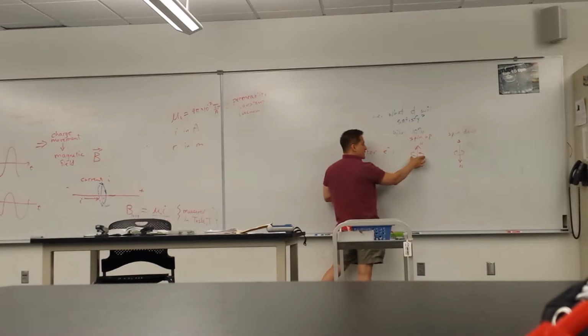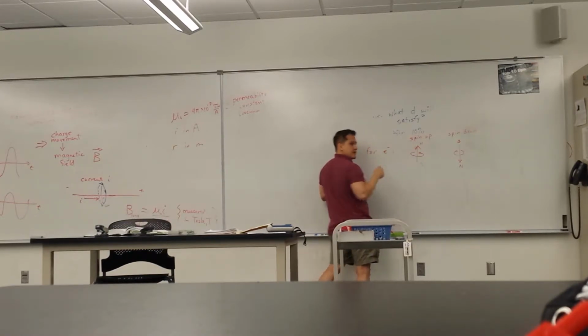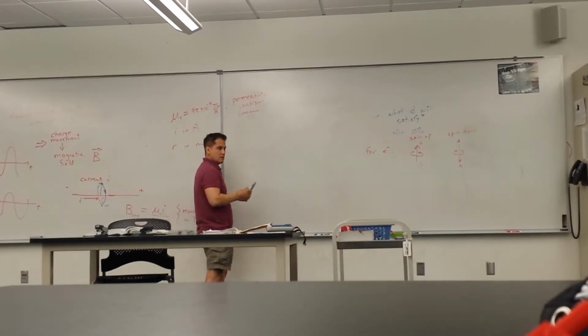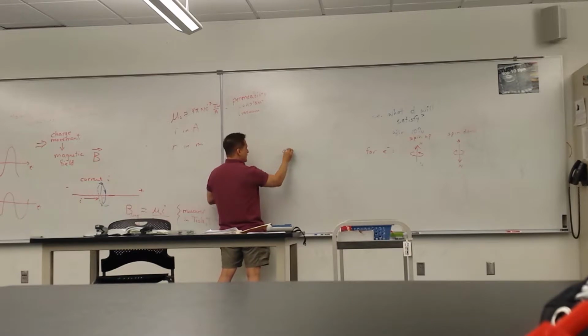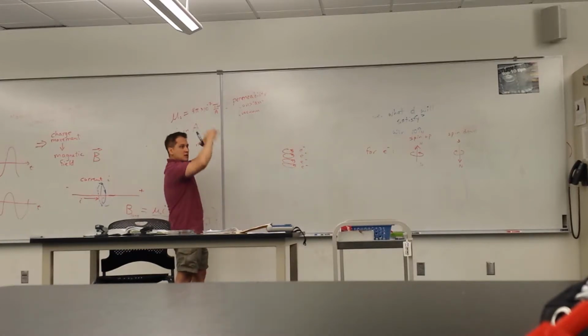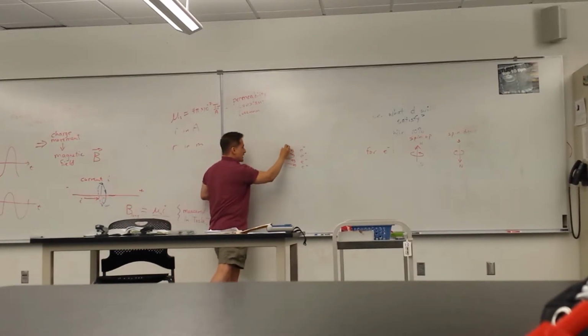Think about what would happen if you stack a bunch of these magnets together, a bunch of these little circular magnets together. So I'll take one, it's an electron, but it doesn't have to be an electron. What if I took a bunch of these electrons with the same spin and stacked them on top of each other? Each one has a north-south.